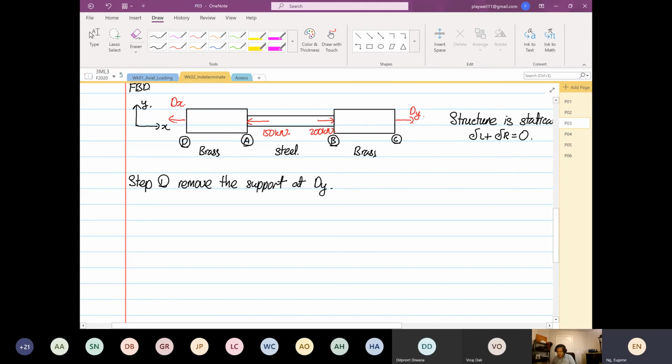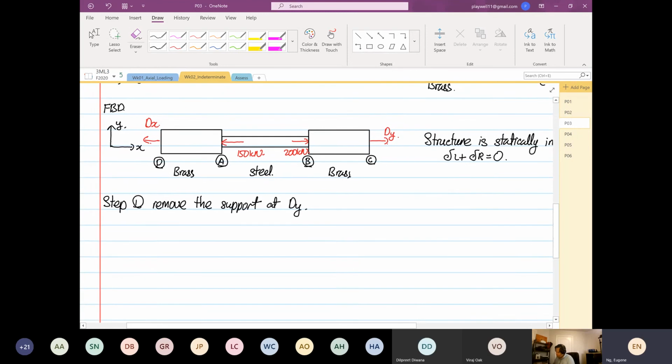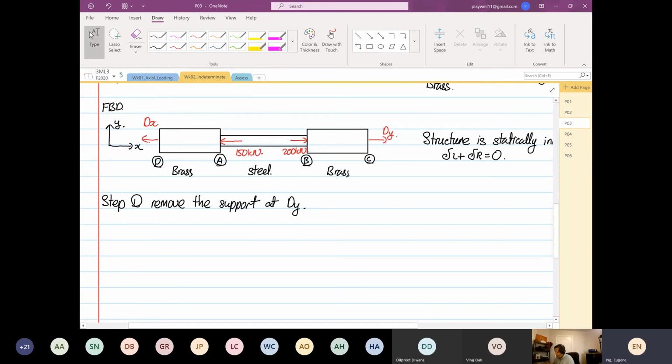So what I'm going to do now, it looks confusing down here. If I remove the load at Dy, I'm going to remove the support at C. Sorry, not D, at point C. I'm going to remove the support at C. And now it looks a bit confusing.